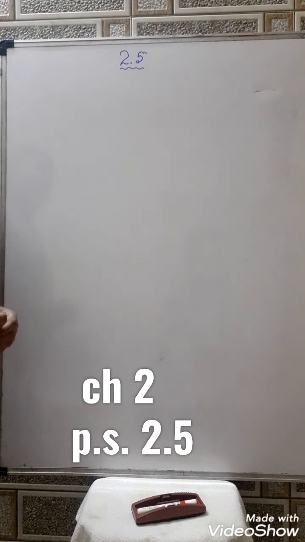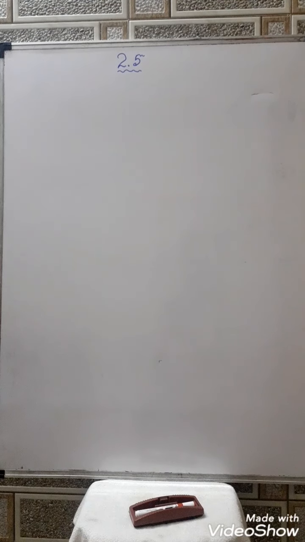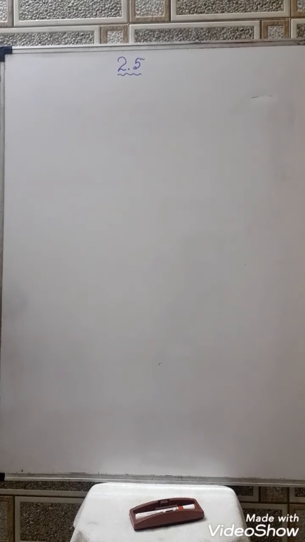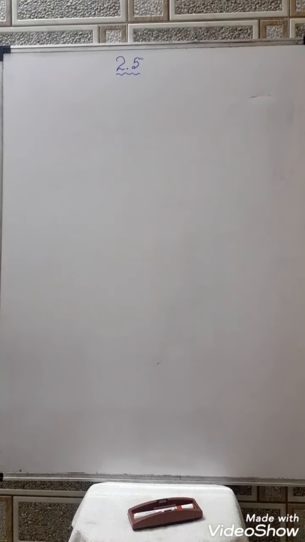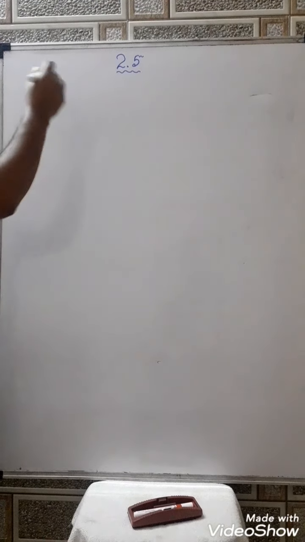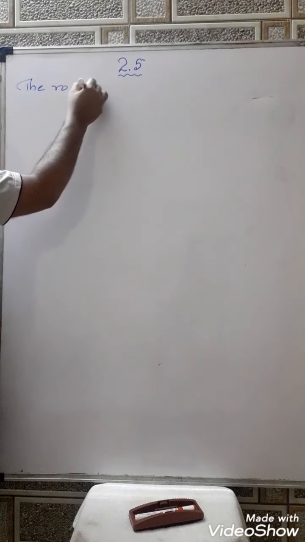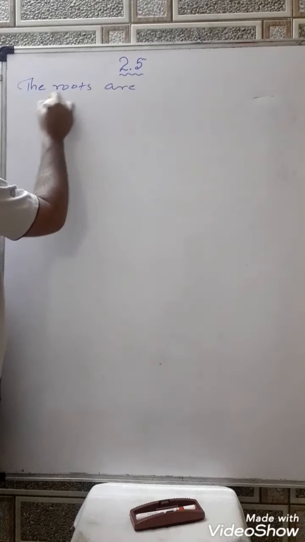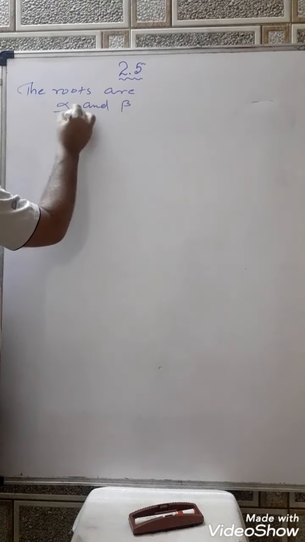Practice set 2.5. Before we start practice set 2.5, we write down some basic rules for solving the exercise. In that we use the roots, which are known as alpha and beta.